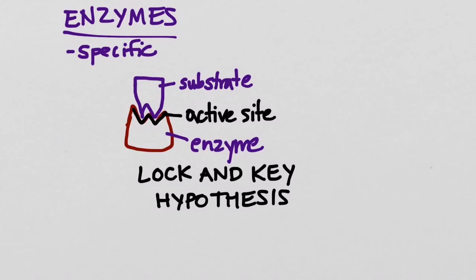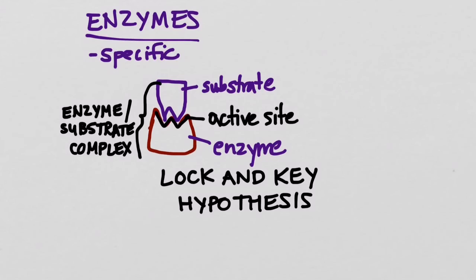It's not enough for a substrate to just fit into the active site. It also is going to need some attractive forces to help keep it in that place. Once the substrate and the enzyme have bound together, they will together form what we call an enzyme-substrate complex.